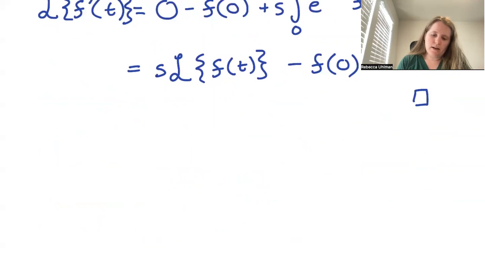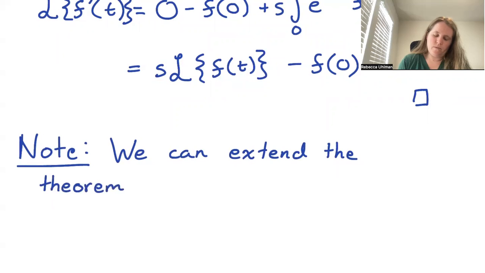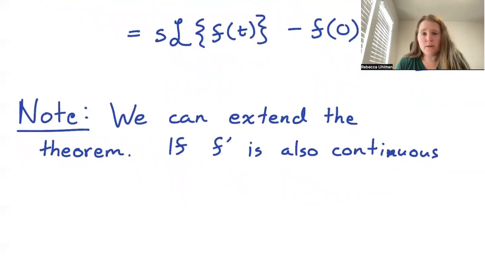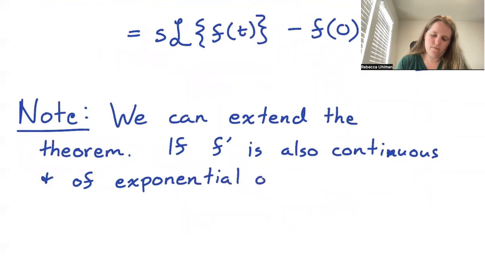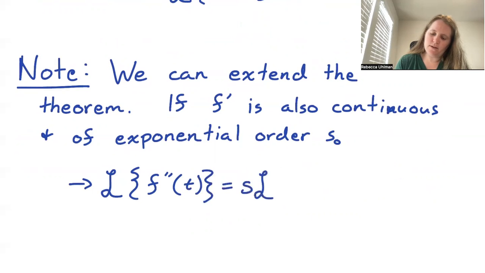We can extend the theorem. If f prime is also continuous, and of exponential order s naught, then the Laplace transform of the second derivative of f is equal to s times the Laplace transform of f prime of t, minus f prime of 0.